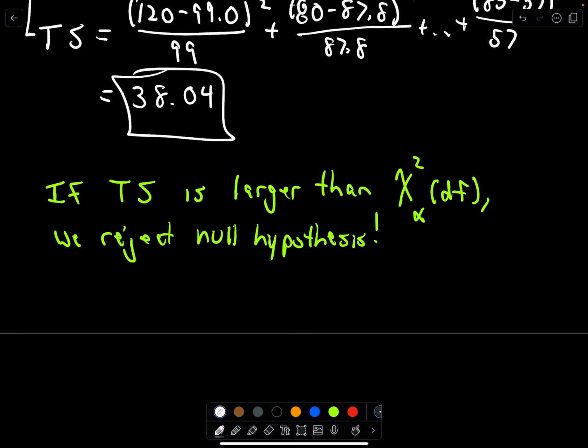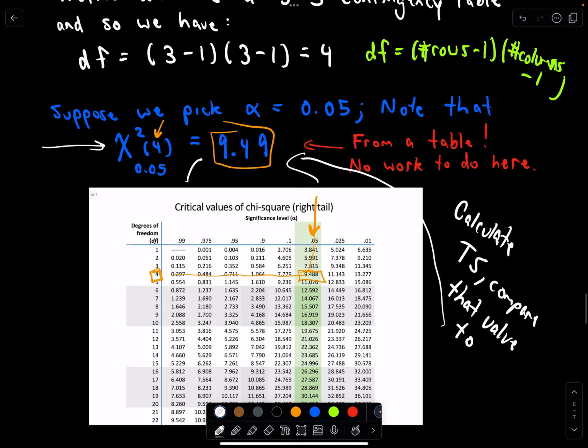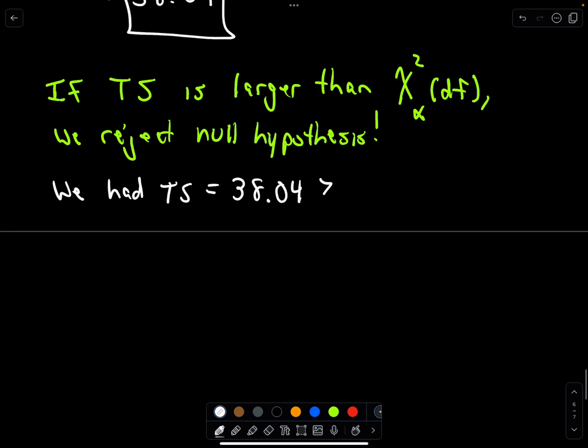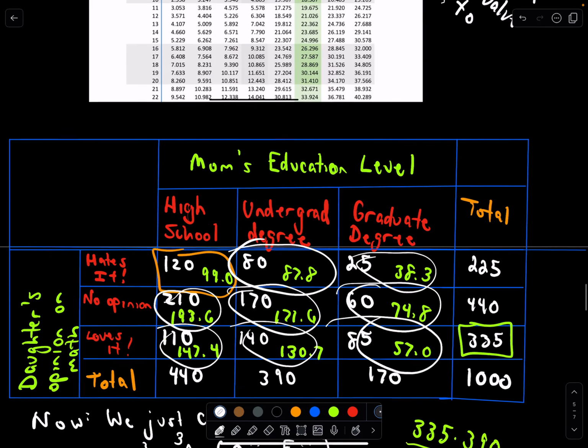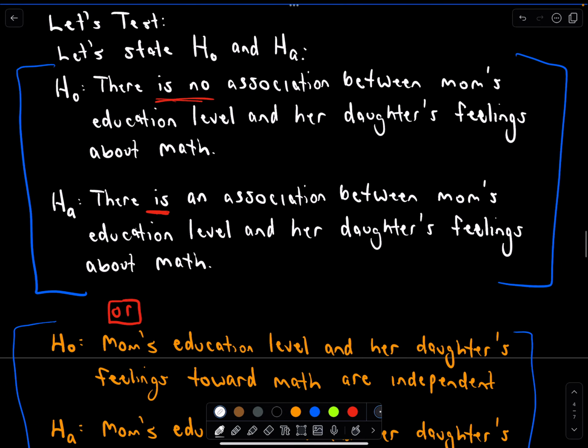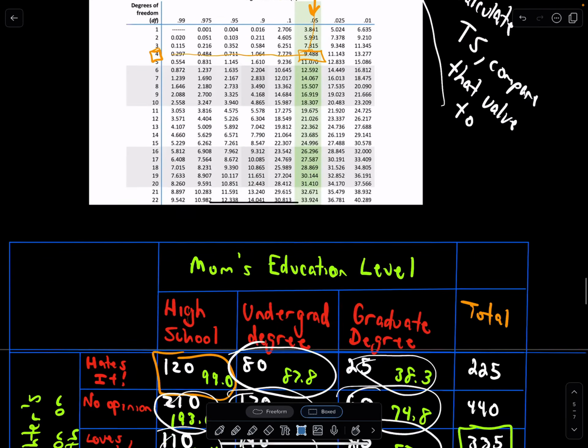Well, in this case, we computed the test statistic to be 38.04, and that's certainly larger than the value we got from the table, which was 9.49. So we reject the null hypothesis, and the conclusion is our alternative hypothesis. Let me just copy that down.